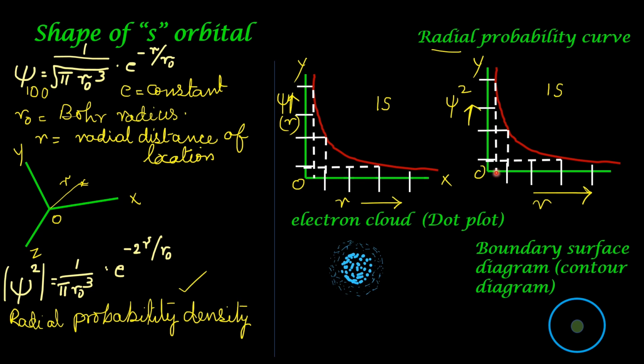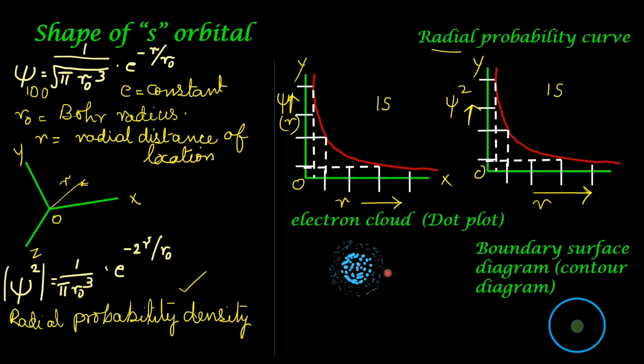This can be plotted as another diagram called electron cloud diagram or dot plot. Here you find the central portion very bright. It shows that probability density at that central portion, that is right on top of the nucleus, is much greater than the probability density away from the nucleus.